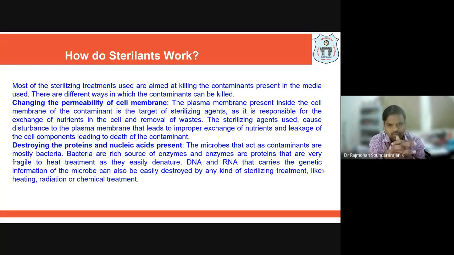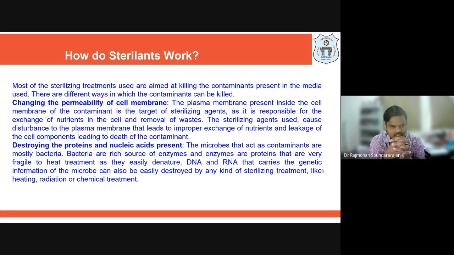There are two ways we can do that. One is by changing the permeability of the cell membrane. We have seen in detail about all the cells, prokaryotic cells and eukaryotic cells. The cell membrane acts as a barrier for anything entering into the cell. So the plasma membrane of the contaminant is the target of the sterilizing agents, because the sterilizing agent will have to change the permeability of the cell membrane.